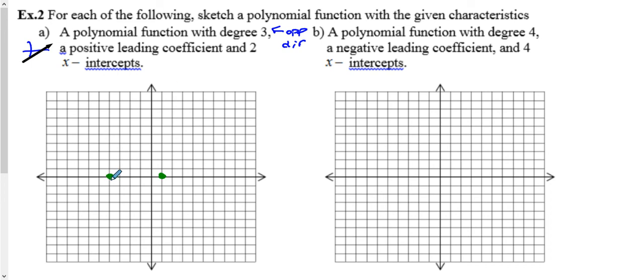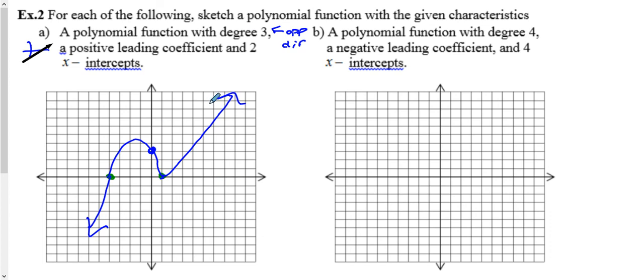So I could even draw a tail end down here. Let's do our loop right through here, and if you wanted, we cross through a y-intercept of 3 there. From here, I can turn right up, and it looks something like that.